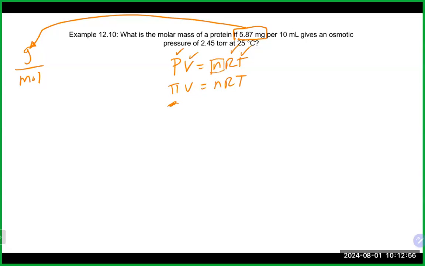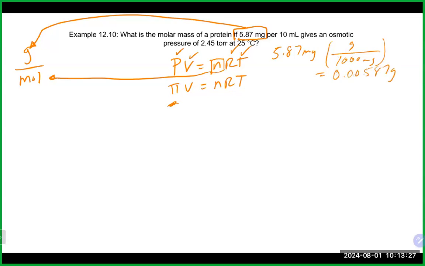So we are going to use our ideal gas law here, much like we did in the gas chapter, to figure out the moles part of it. So we just have some conversions to do. Our 5.87 milligrams, with 1,000 milligrams in a gram, gives us 0.00587 grams. Now we're going to solve for n, which will be PV over RT.